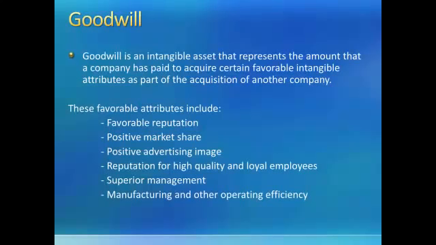Those favorable attributes include a reputation, market share, image, reputation for high quality and loyal employees, superior management, and manufacturing or other operating efficiencies. So if we pay more than the fair market value of the net identifiable assets for a company, we're paying for these extra things.